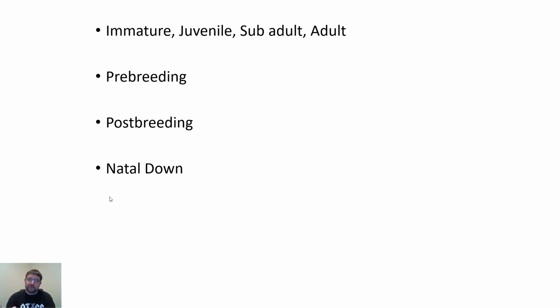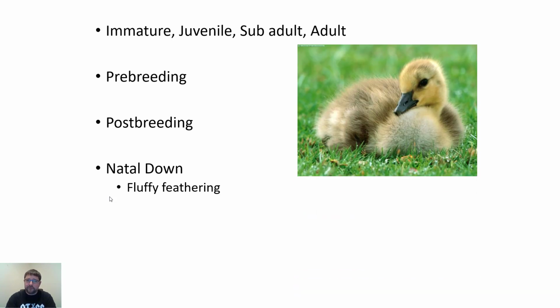Maybe they still have their natal down, which is the fluffy, warm feathers that a lot of organisms are born with to keep them warm during different periods of time. So here you can see that fluffy down on this bird.